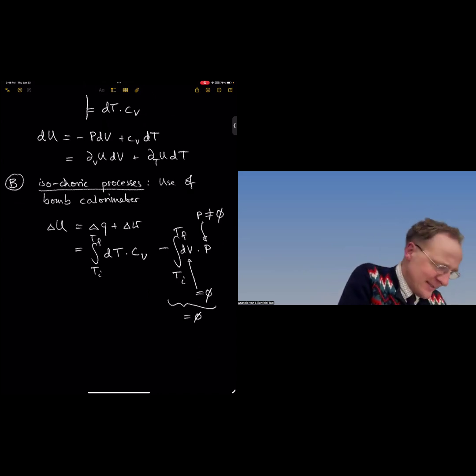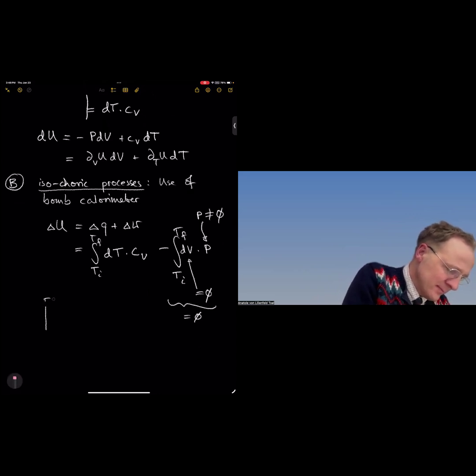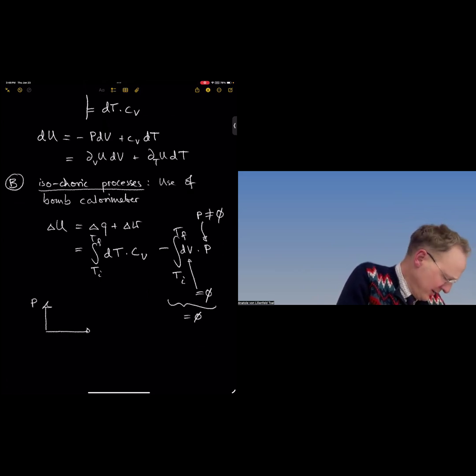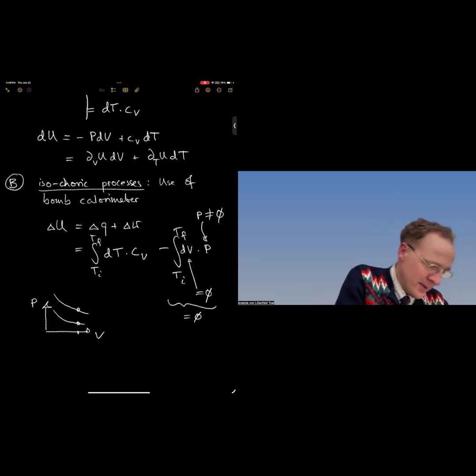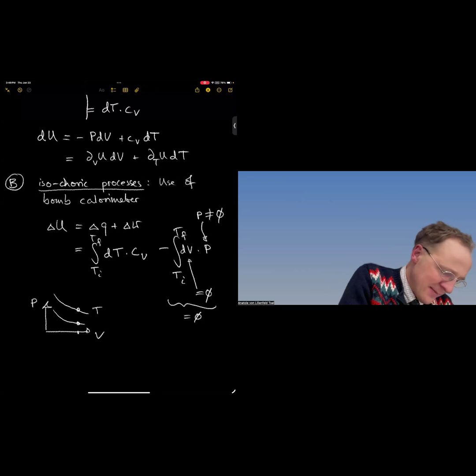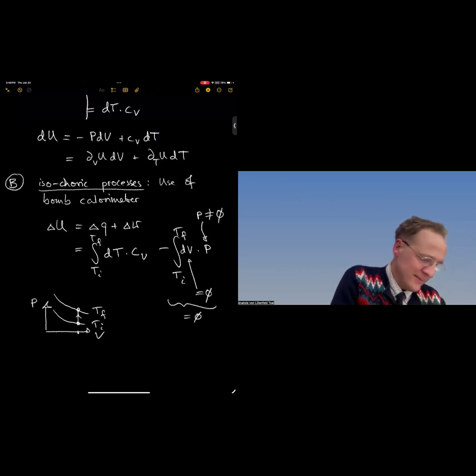In our phase diagram of pressure versus volume, you can think of two isotherms and a fixed volume where you have some final temperature and some initial temperature, and your process is getting you from here to here.